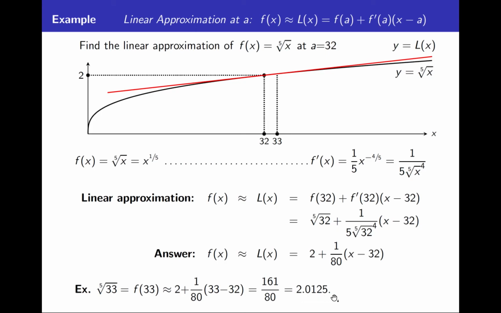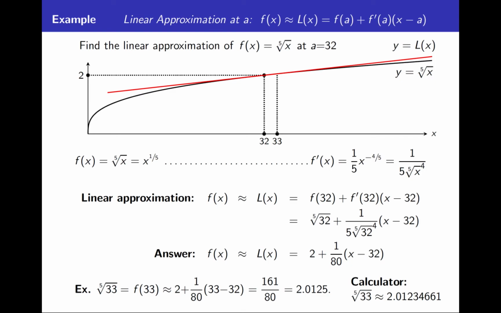So that's an approximation to the fifth root of 33. And if you take a calculator and work that out, you'll get something like 2.012346661 and so on. We're truncating there. But you can see that this linear approximation got the fifth root of 33 to 3 decimal places, which is pretty good.